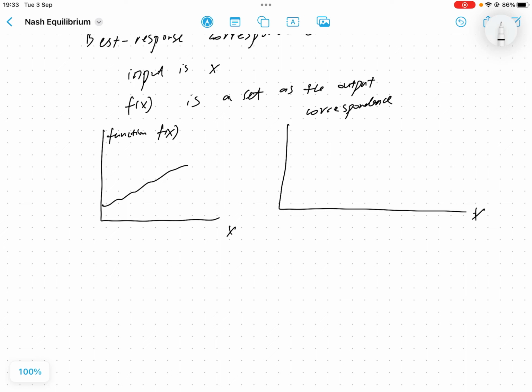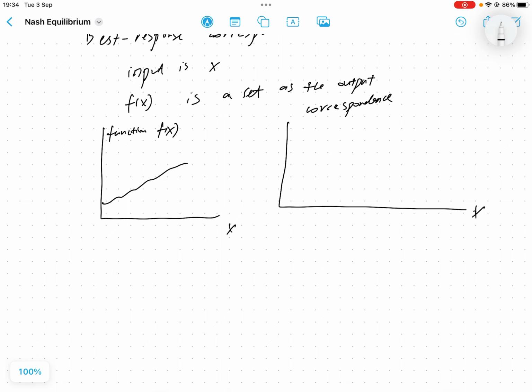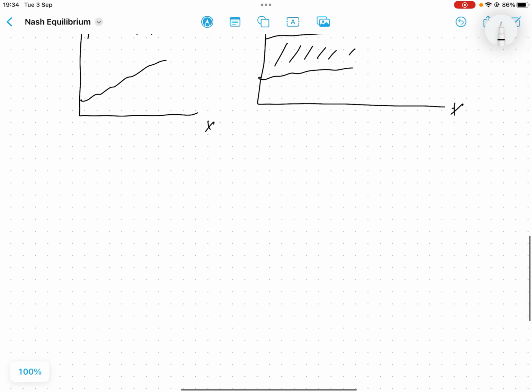When we input any value for x, the output is a set. Let's say it has a range. The shaded area in between those two lines would be the correspondence. The best response correspondence would be something like this.